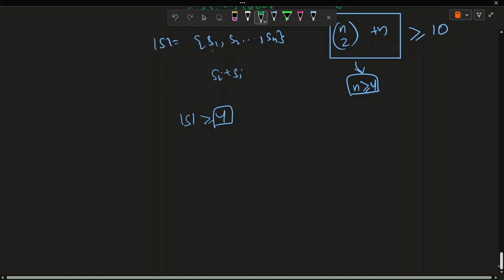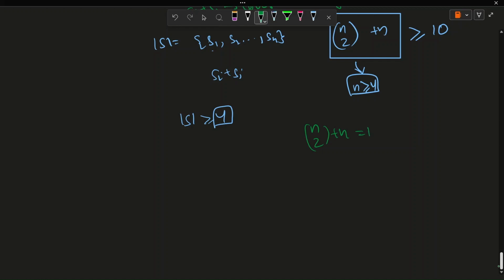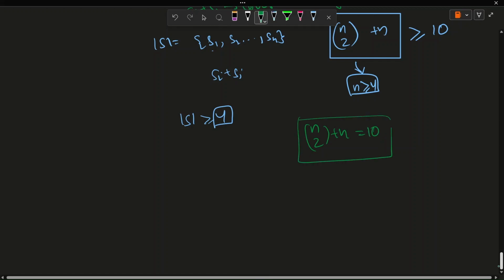If there are 4 elements, then nC2 plus n equals 10, which implies that all possible si plus sj are different, because there are a total of 10 different si plus sj and we need 10 different remainders.